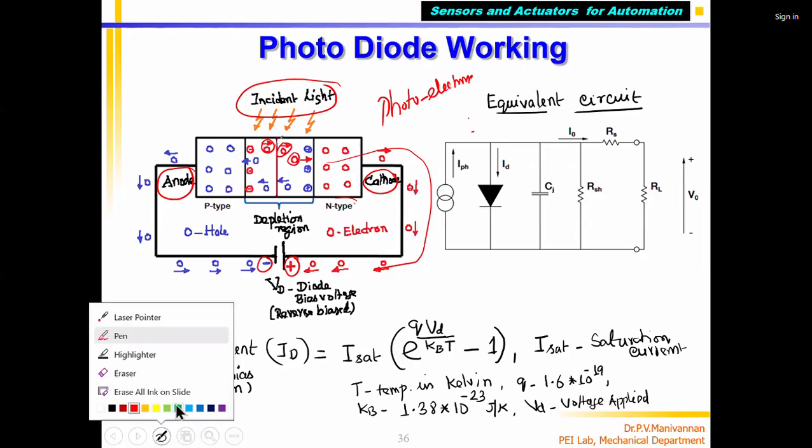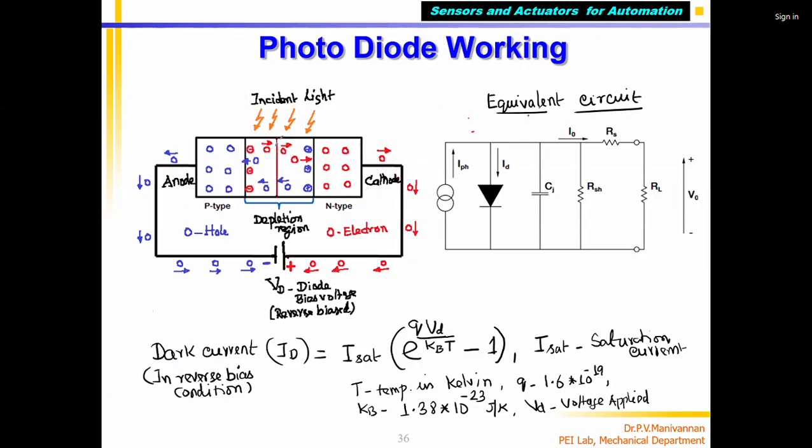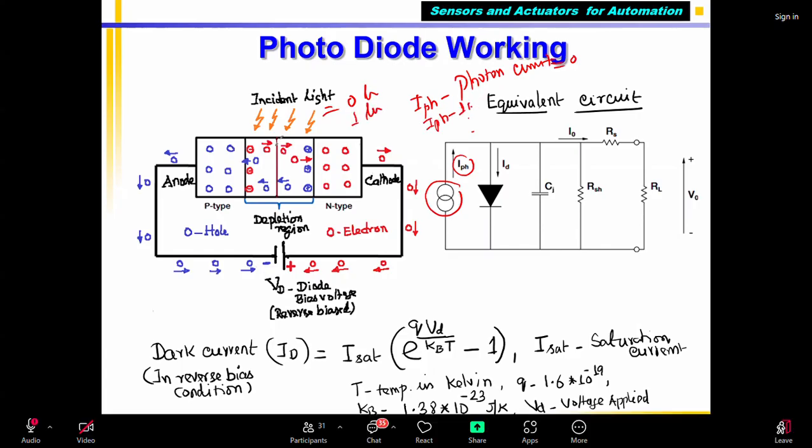Now, in a photodiode, the equivalent circuit shown here has a current source which produces a current we call IPH. IPH is nothing but photon current. If there is no light, 0 lumens, photon current IPH equals 0. If it is 1 lumen, then IPH may be 1 milliamp, for example.